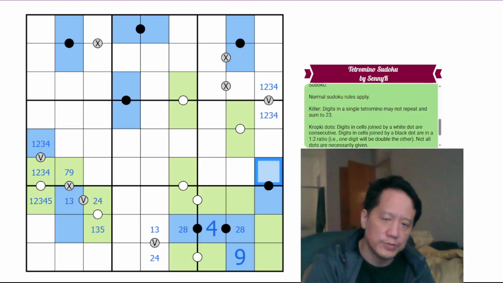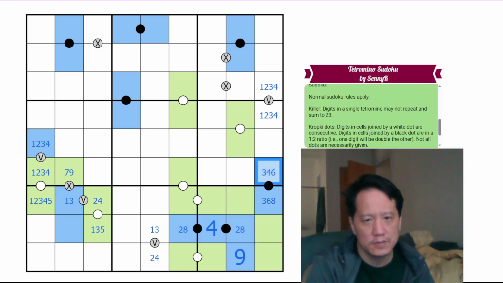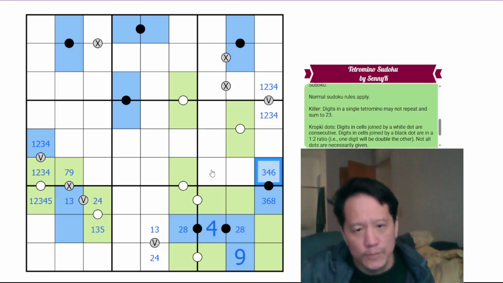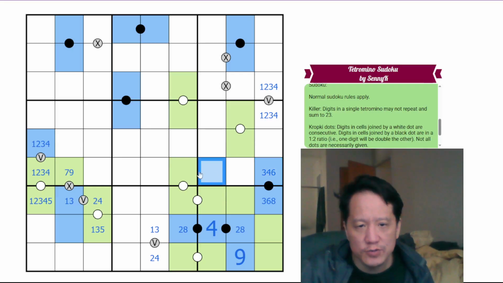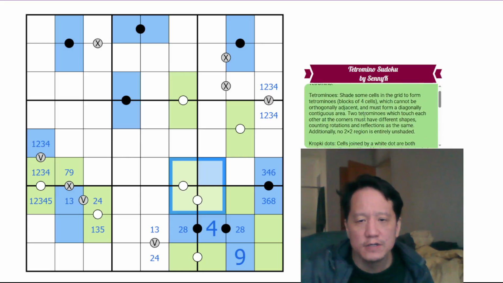Again, no 1, 2 here. 4 could be here with 2 or 8. Can't be 4 and 2 because that would eliminate all possibilities for that. So it's 4, 8, or it's 3, 6. This is shaded because of the 2 by 2 area that is all unshaded.